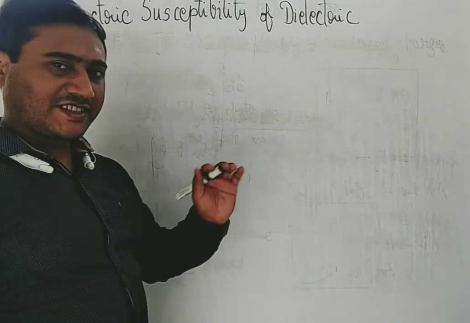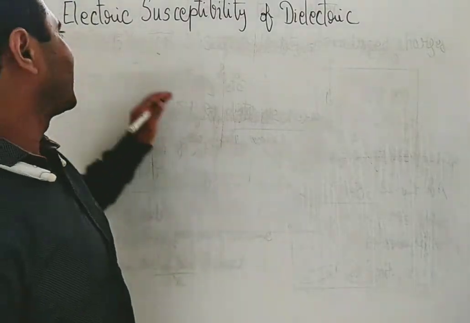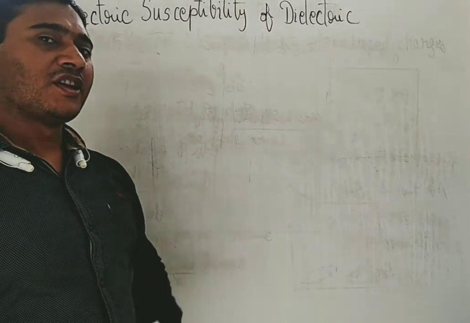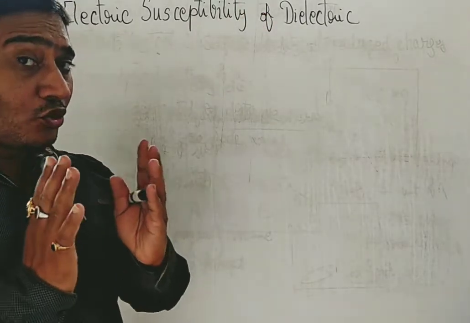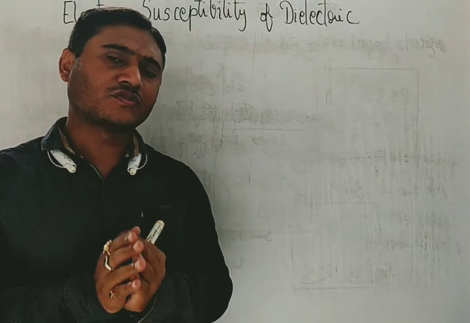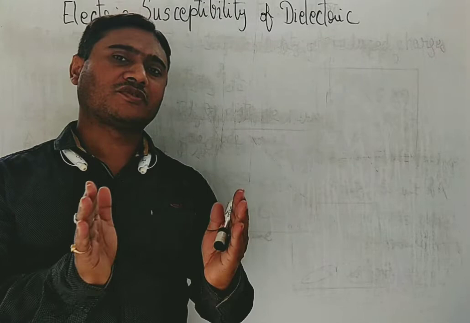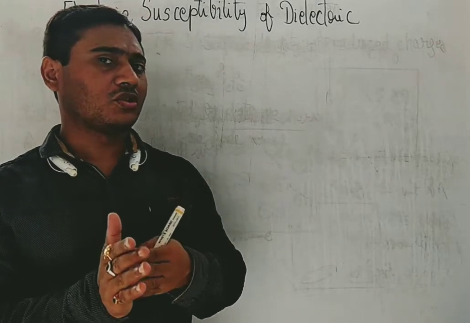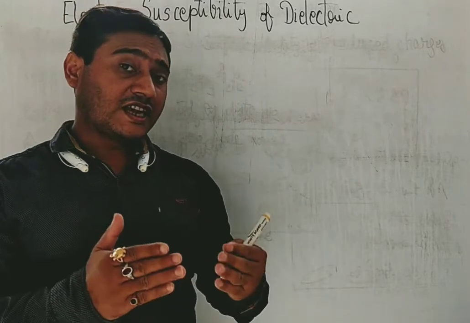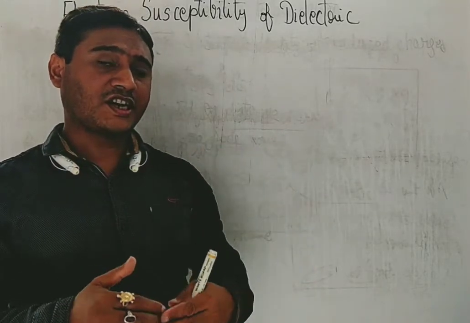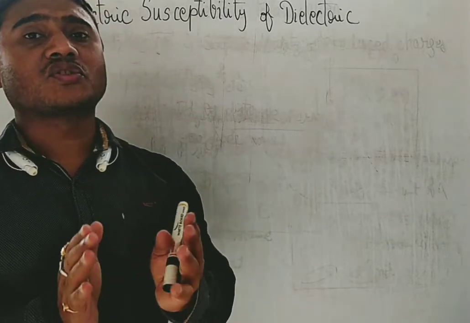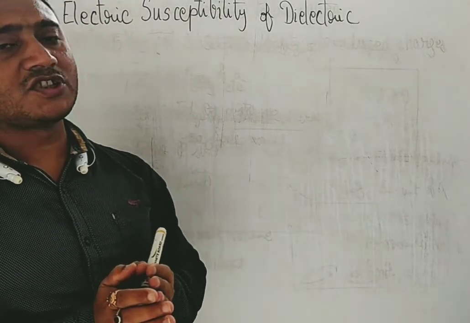Okay students, so let's have the next topic, that's the electric susceptibility of dielectric. As the polarization process, or the relative separation between centers of gravity of positive and negative charges, is a function of the externally applied electric field, meaning the stronger the field applied, the greater the separation between the centers of gravity of positive and negative charges.